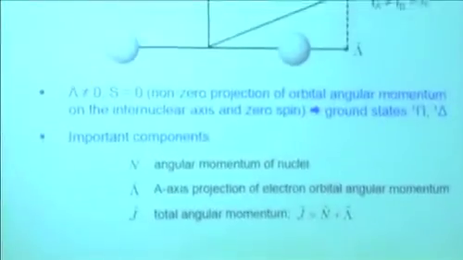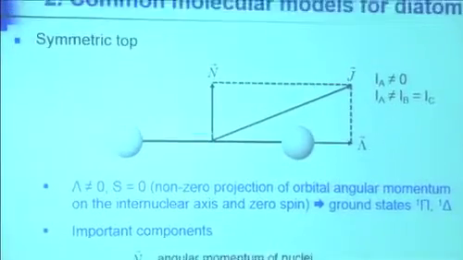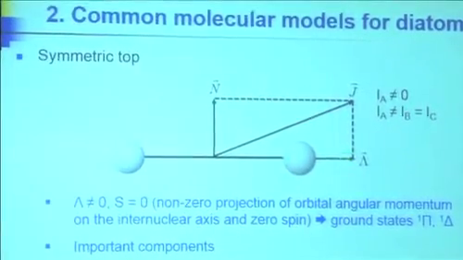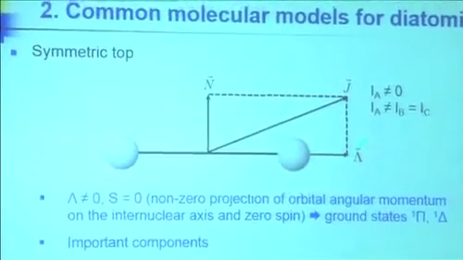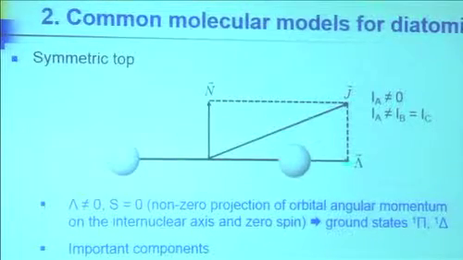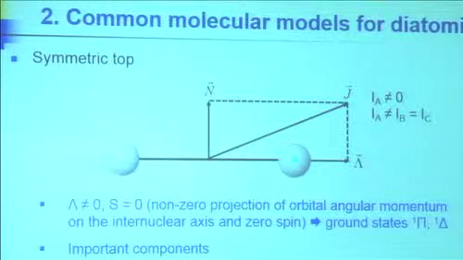Okay, symmetric top, that's the next one up. Diatomic molecule, there's lambda. It's the component of the orbital angular momentum along this axis. Now, J is always reserved for the total, since there's now a contribution from the electron orbital angular momentum, I have to pick a new symbol for the motion of the nuclei about the B axis.